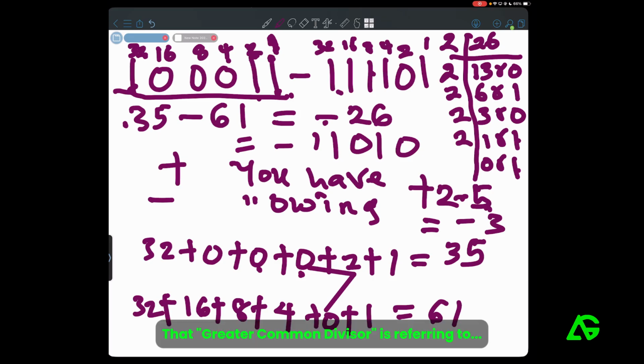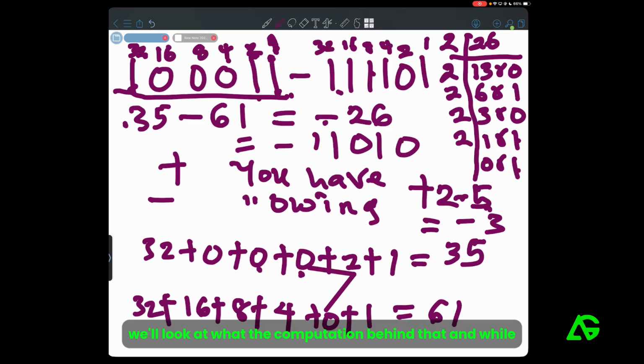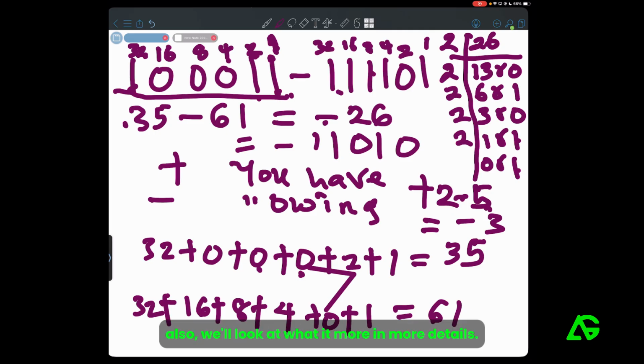That greatest common divisor is referring to our HCF that we are familiar with. We'll look at the computation behind that. And when we start the introduction of cryptography as a topic, we'll look at divisibility more as a concept. Prime numbers also, we'll look at in more detail.